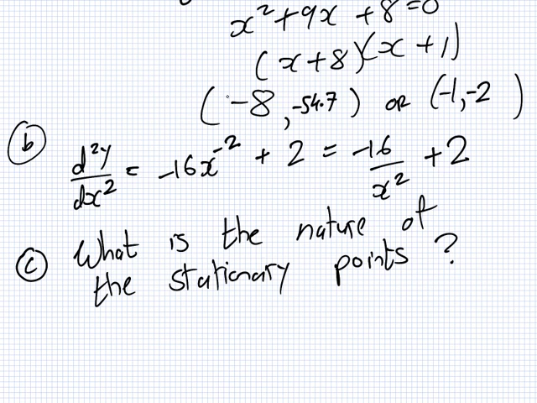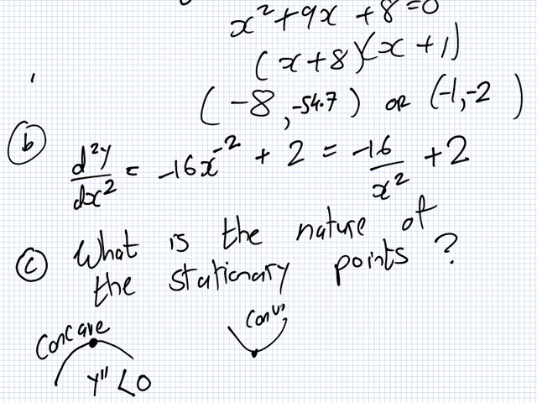Well, if this point was, for example, a max, then the second derivative should be positive or negative. It should be negative, because you want the shape to be concave. If it's a minimum, it should be convex shape, which means the second derivative should be positive.